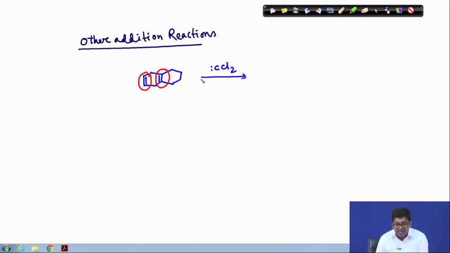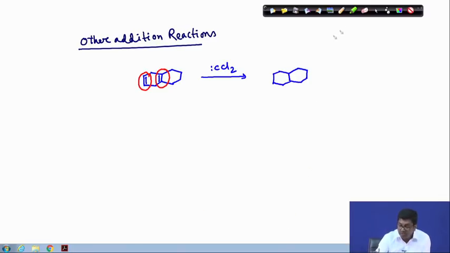Okay. In this case, there are two possibilities: it can react here or it can react here. As you have seen, this double bond is highly substituted and more electron rich.